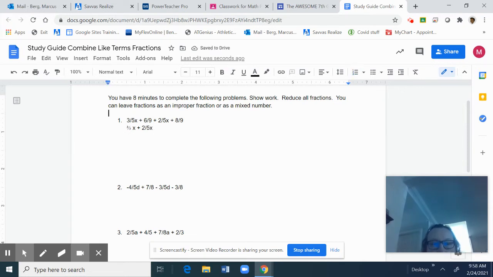And then there's no other x's. So then I'm going to write plus 6/9, that would be this number here, and then plus 8/9. So because the x's have the same denominators, I can keep it.